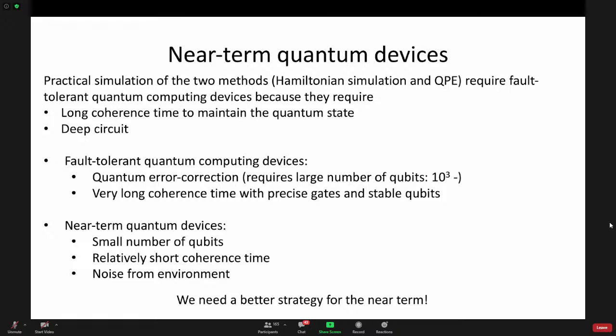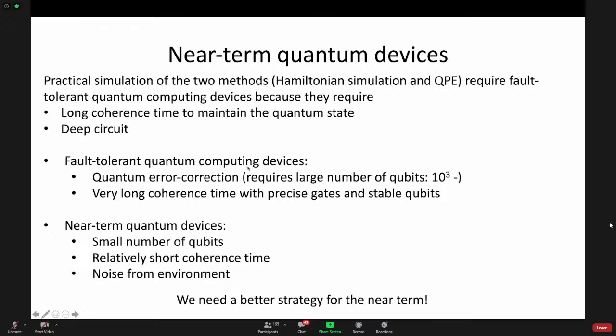For the practical simulation, the two methods, the Hamiltonian simulation or the quantum phase simulation that I mentioned, require a fault-tolerant quantum computer because they need a long coherence time to maintain the quantum state. If you trace the time using the Hamiltonian simulation, you have to keep the quantum state as long as the simulation continues. And also, using the Hamiltonian simulation with quantum phase simulation, you need a very deep circuit. So you need a fault-tolerant computer to do so.